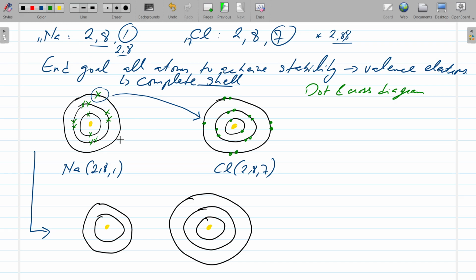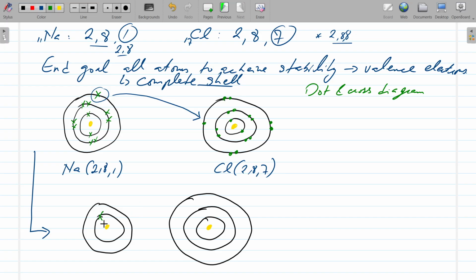Because it lost the electron that was in its outermost shell, and so that shell is no longer there. There is no use of that shell if there's no electron, so there's no shell. And so you don't draw it either, because now you want to show the stable configuration of the atoms, the new configuration of the atoms.